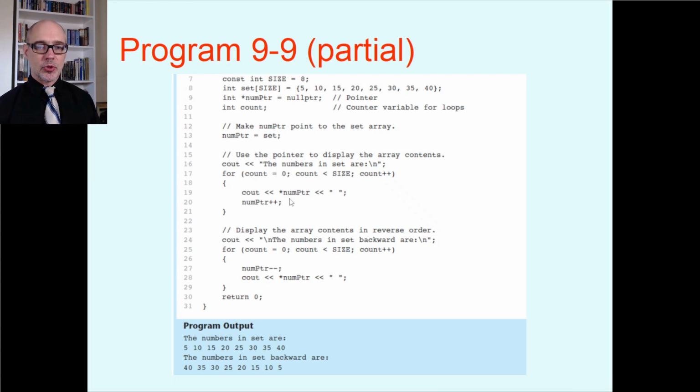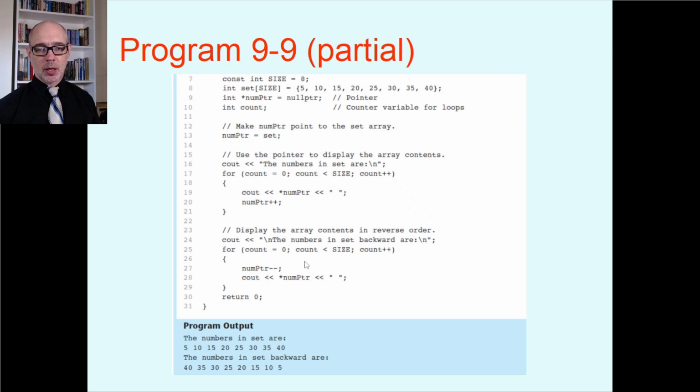So the next time through, you dereference num pointer, and that is actually where the 10's sitting, and you see that. And then you increment it again, takes another integer-sized step down, which is really 4 bytes for what it's worth. And the next time you come through and you dereference that, you see the 15. And obviously that goes all the way through the array.